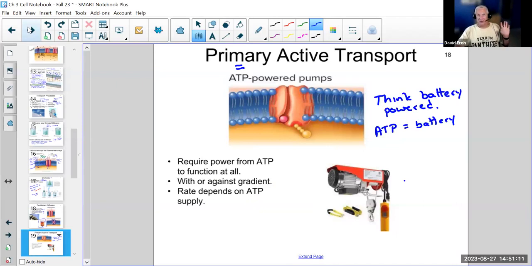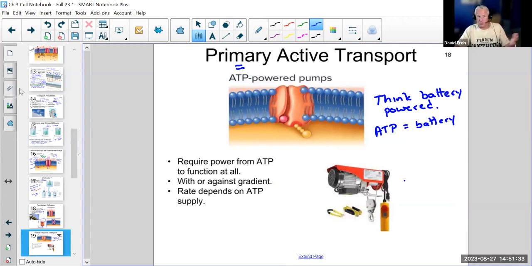The problem is there are a lot of things that you need to move from one place to the other, and that's not the direction that they want to go. There are a lot of things that you need to shove molecules into a cell when there's already more in there than there was before.